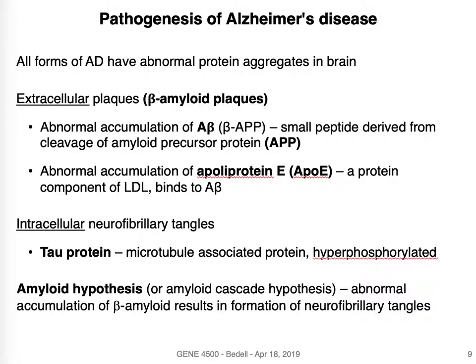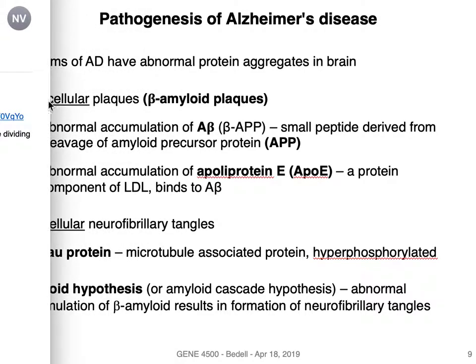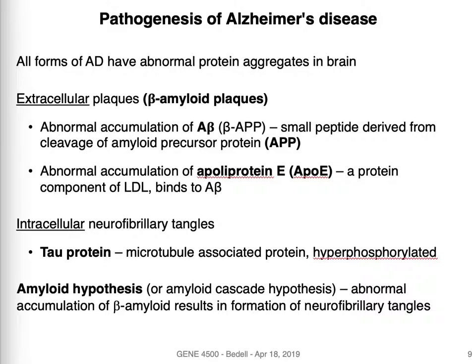It gets hyperphosphorylated, and they've got some clues about what is causing that. Normally, tau protein is essential for normal neuron function, but something is causing it to be hyperphosphorylated, forming those tangles. Both the plaques and the tangles contribute to the overall pathology.